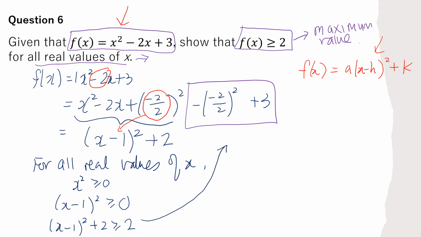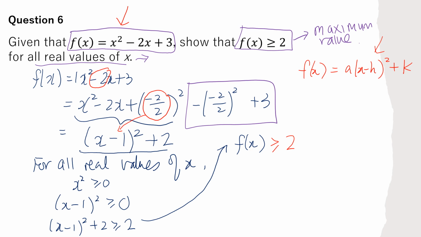And then we're going to replace your left-hand side with f(x), because your f(x) equals x squared minus 2x plus 3, which equals this completed square form. So therefore, my f(x) is greater than or equal to 2.